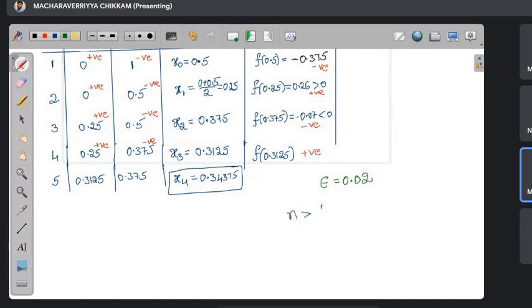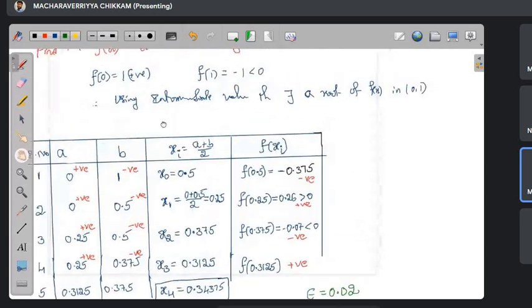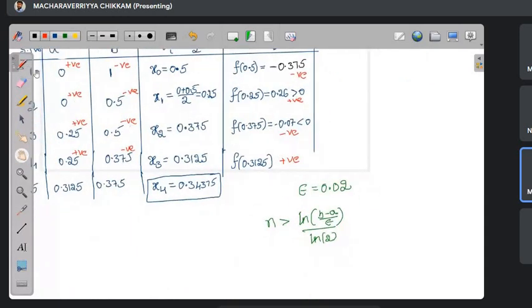So n must be greater than ln of (b minus a) by epsilon, divided by ln 2, where b minus a is our first interval. Whatever we are writing here, this is what you must take as a comma b, the initial interval. The initial interval length we always prefer to take as one only. So this equals ln of 1 by 0.02 divided by ln 2.